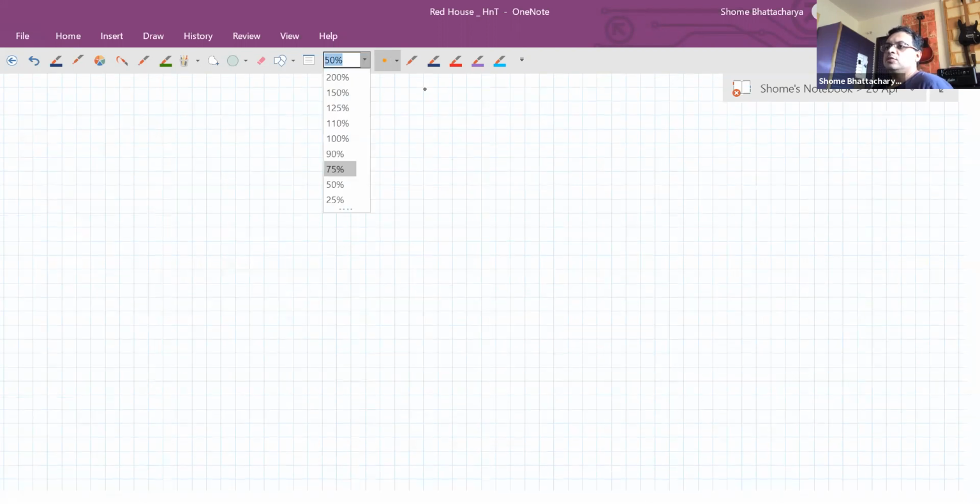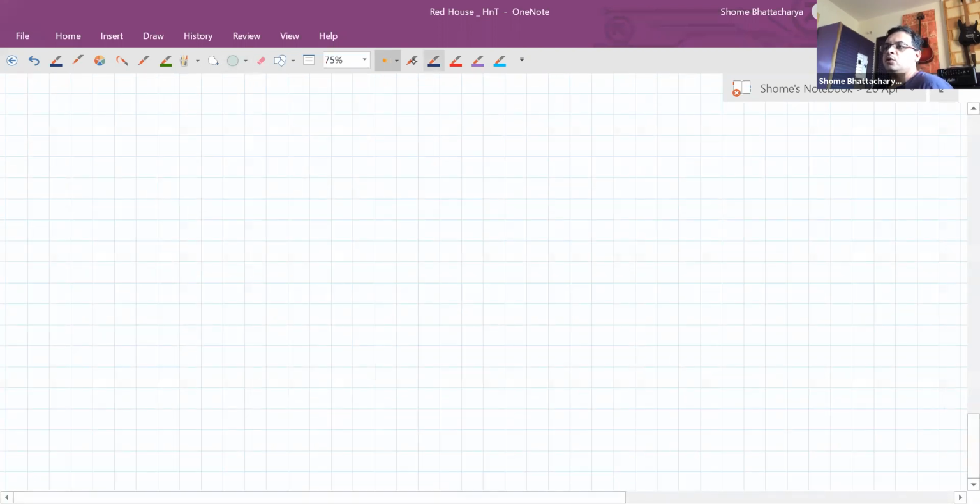Now, this is a very classic problem in physics, which is solved in a number of books, including H.C. Verma. It is the problem of the freezing of a lake, the time taken to freeze a lake or a pond or any such water body.